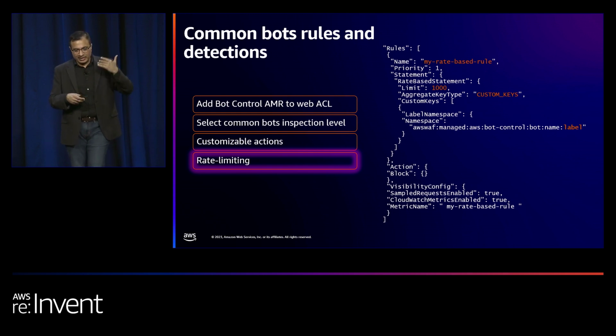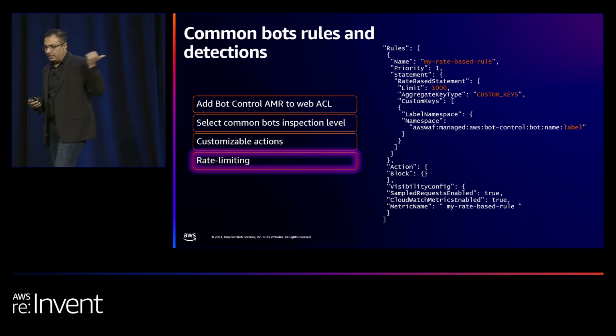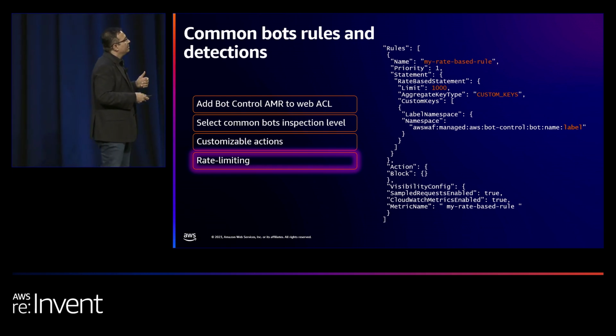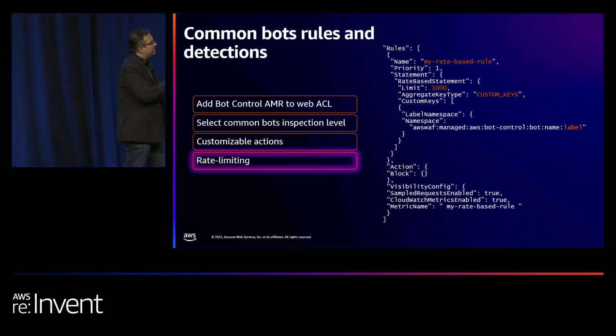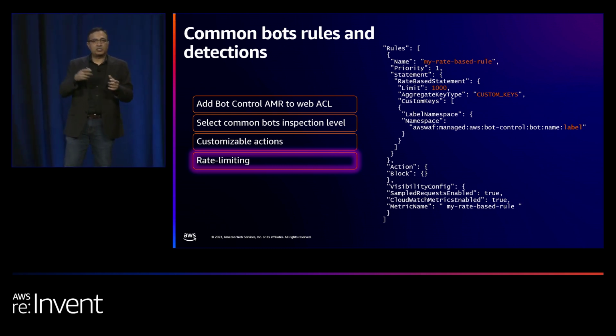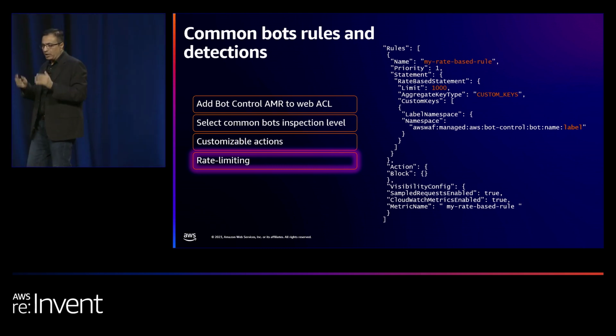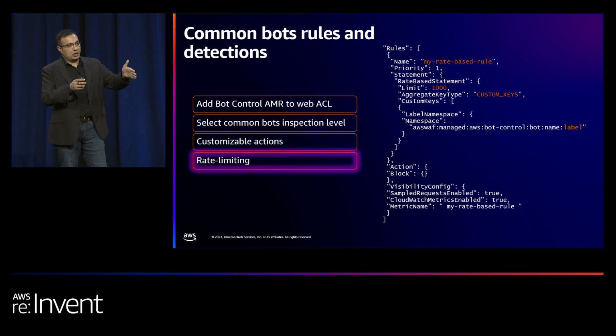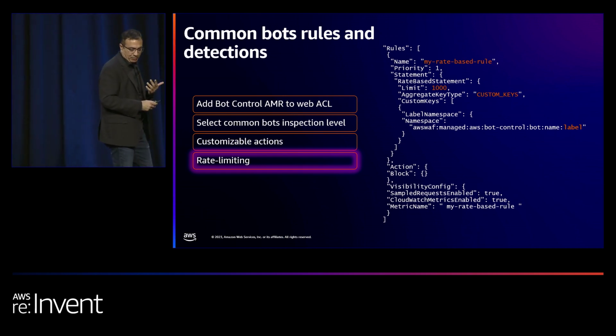And you can create a custom rule. In this example, we are showing a rate-based rule. And this rate-based rule, the limit is 1,000, and the label, which is just a label string, will be replaced by the actual search engine bot, whose name will be part of the label. And this kind of configuration will allow that particular search engine bot to come in only 1,000 times in a 5-minute window, thereby helping you manage bots.